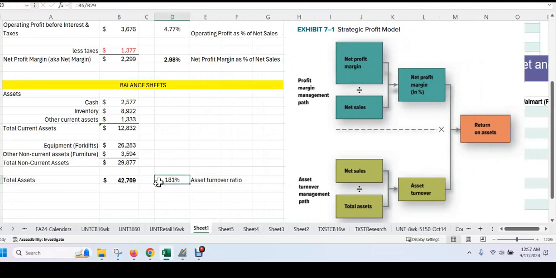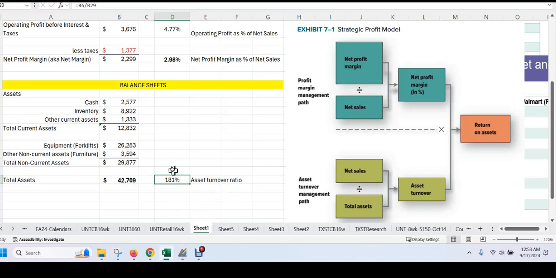Well, but what does this asset turnover tell us? It tells us about the efficiency of the company. It means that the company is using its assets to produce sales.